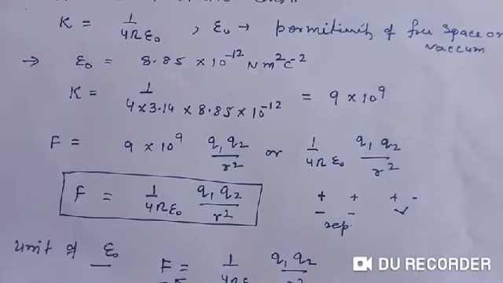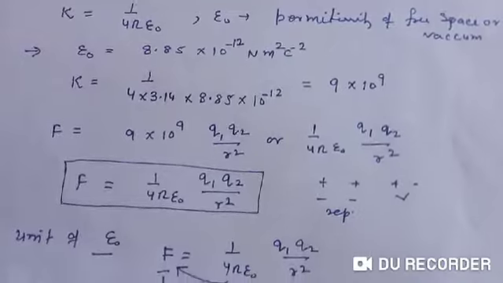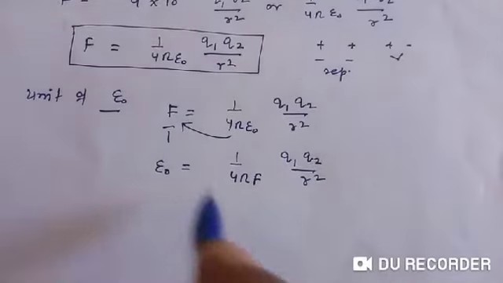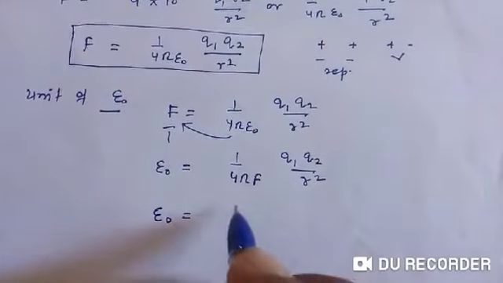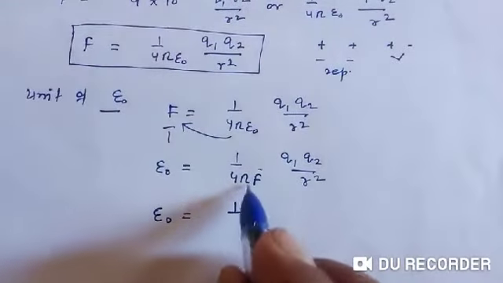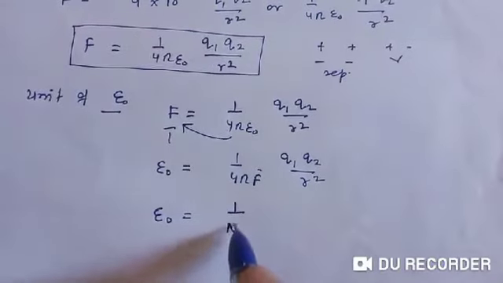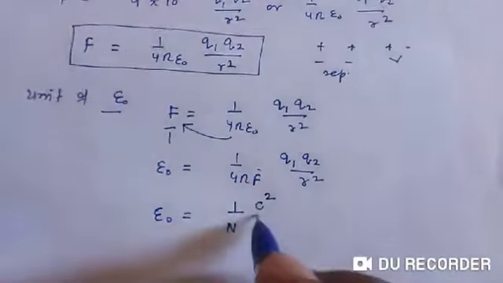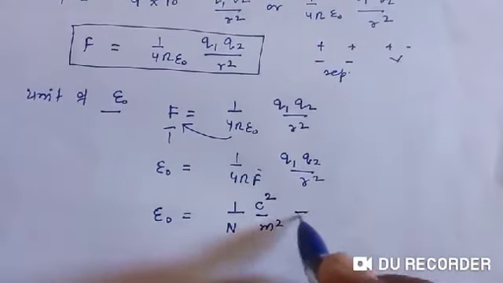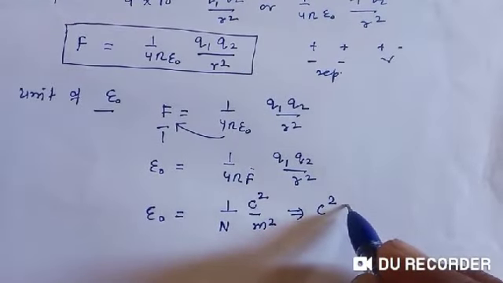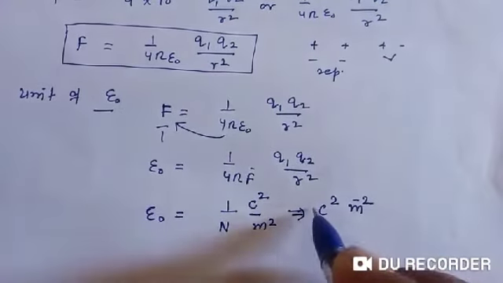Epsilon 0 equal to 1 upon 4 pi F, Q1 Q2 upon R square. So epsilon 0 has units: Q1 Q2 in Coulomb into Coulomb, that is Coulomb square, upon meter square, and F in Newton. So what we get is Coulomb square per meter square per Newton.